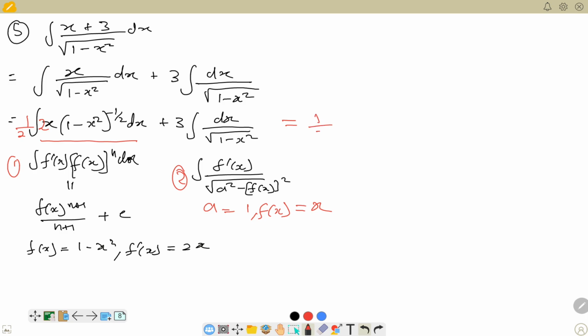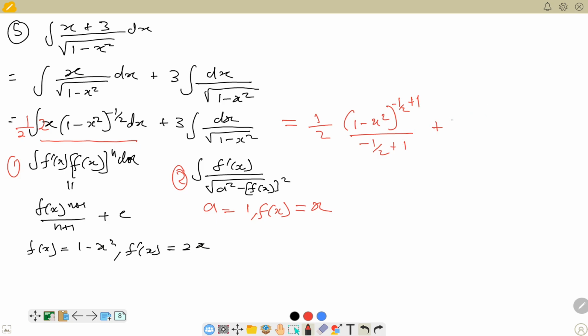So that 1 over 2 is still there, which is the constant. So now we can see that our formula matches exactly the problem there. What we need to do is to write our f of x, which is actually 1 minus x squared, to the power negative half plus 1, divided by negative half plus 1.